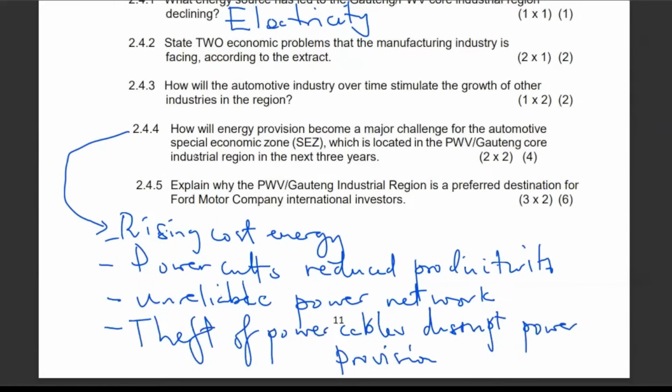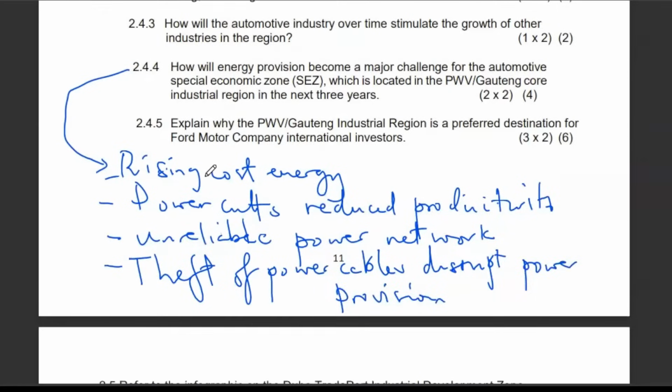Because of the power cuts which are happening, people will take chances to steal the power cables and further worsen the situation. If power cables are stolen during times of load shedding, then it implies that it's going to worsen the situation, even if there is now energy, the cables have been stolen. We can no longer link to the grid. That gives us a further negative implication on the automotive industry. And it's going to persist in the next 3 years because of theft of power cables.